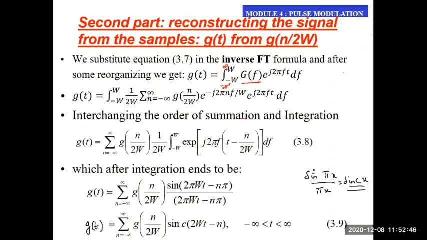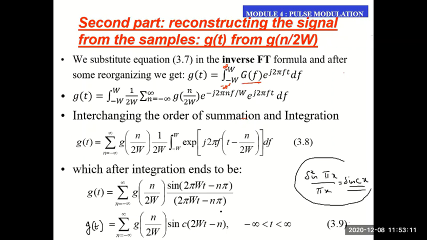Remember this. Sin pi x by pi x is sinc x. So you will get it in the form of sinc of the angle. So that sinc of angle, in the end, we got sinc 2wt minus n into g of n by 2w, where t lies between minus infinity to plus infinity.